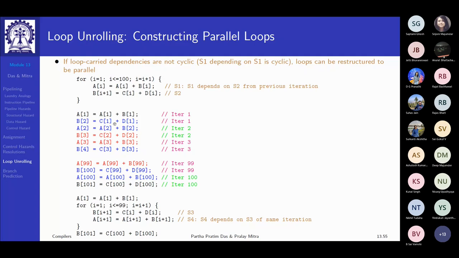Now what I do is regroup these instructions. The order remains the same, but I just regroup. So I leave out the computation of A1, which is done only once. Then I group the computation of B2 and A2.